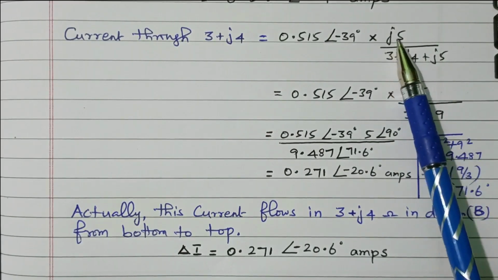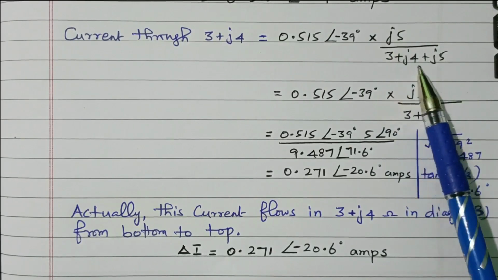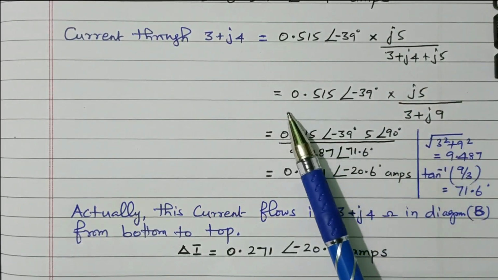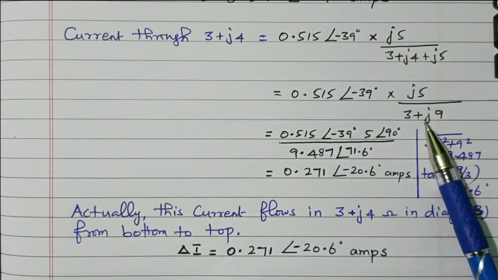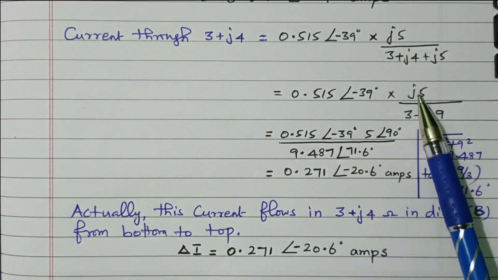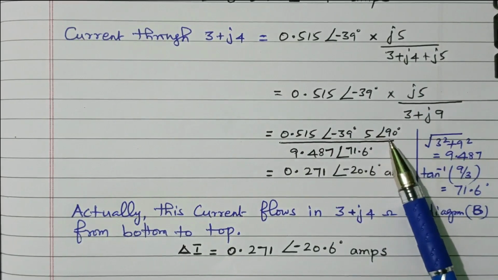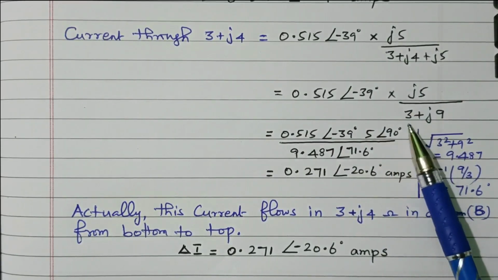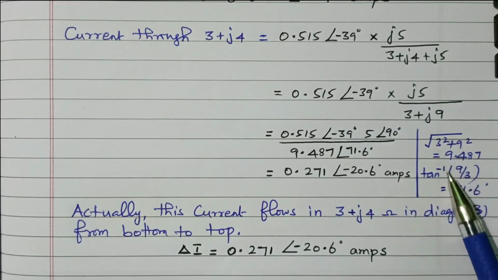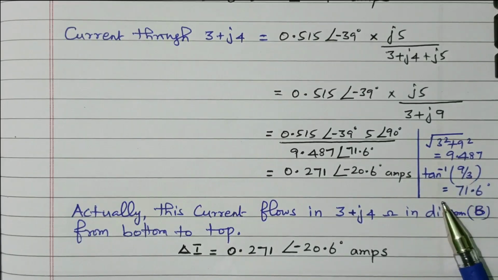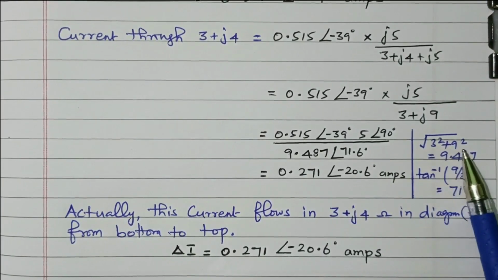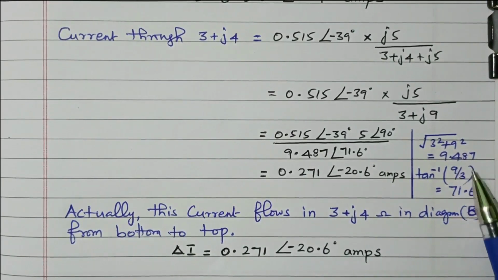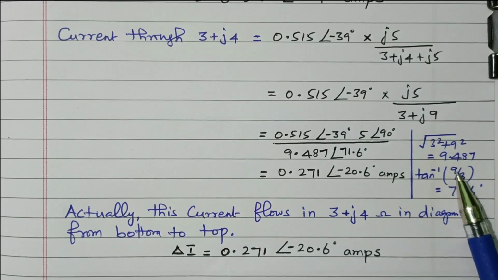So the other branch impedance is J5 divided by the total, 3 plus J9. This J5 is nothing but 5 angle 90 degree, since J means 90 degree. 3 plus J9 is converted to polar form: square root of 3 squared plus 9 squared is 9.487. Tan inverse of 9 by 3 is 71.6 degree.